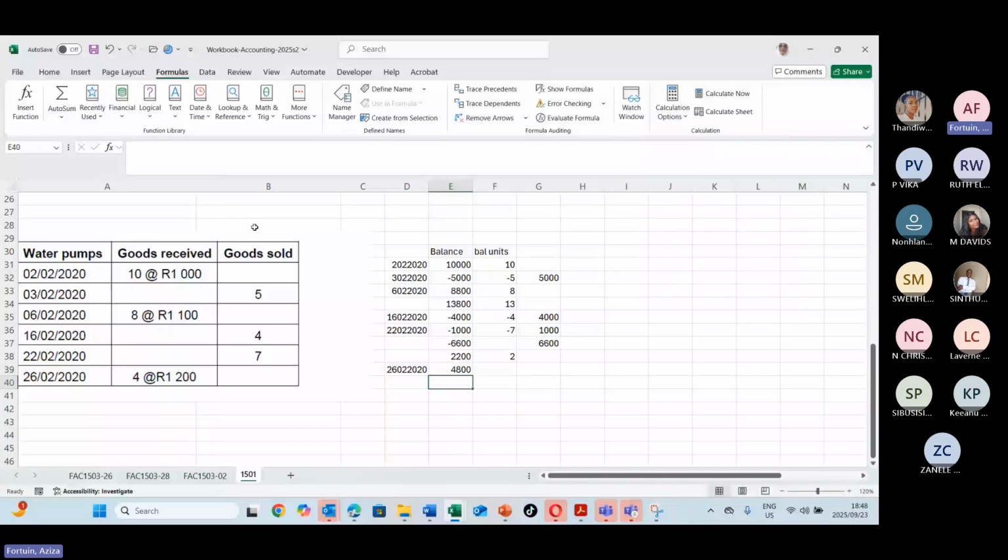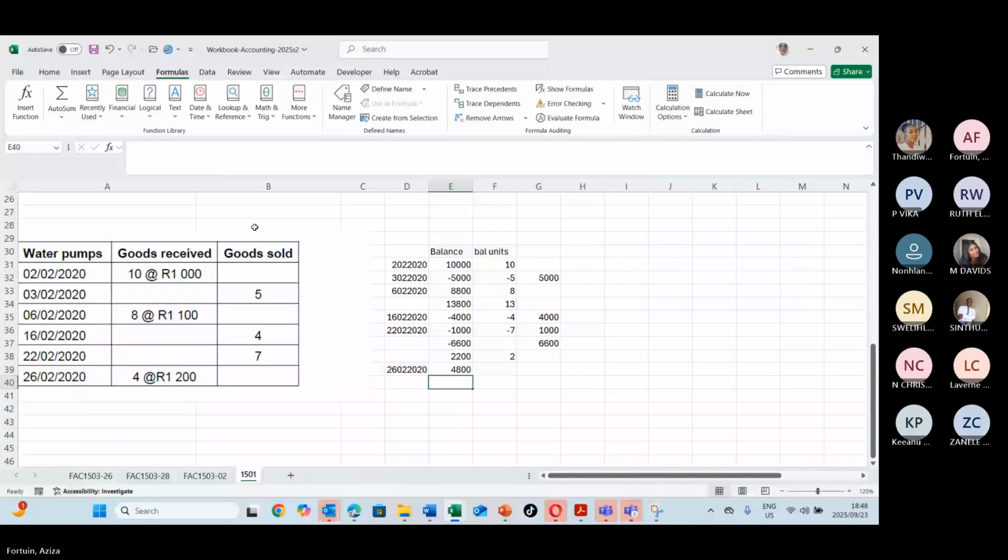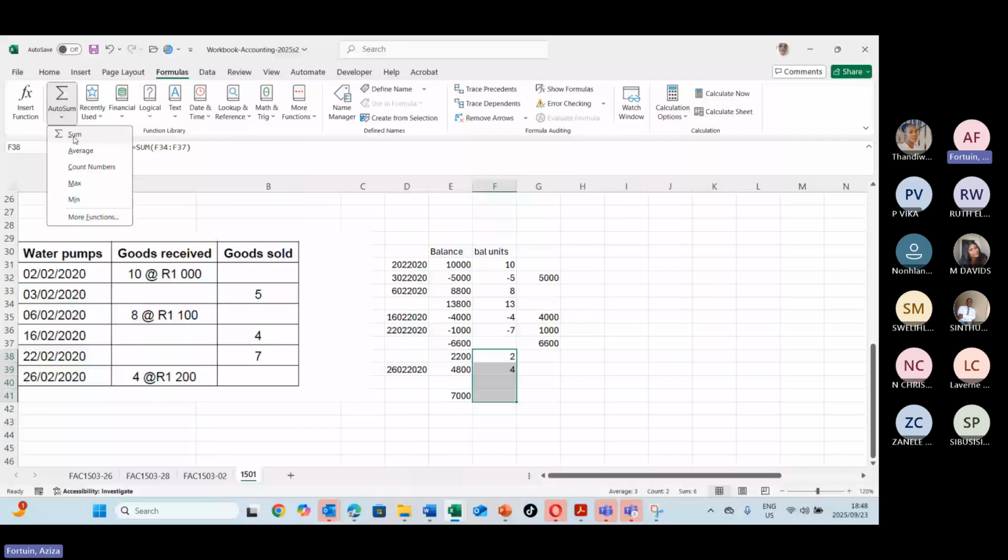So if we were to add these two up, $7,000, and we have 6 units at 7,000, and that is the value of my inventory.